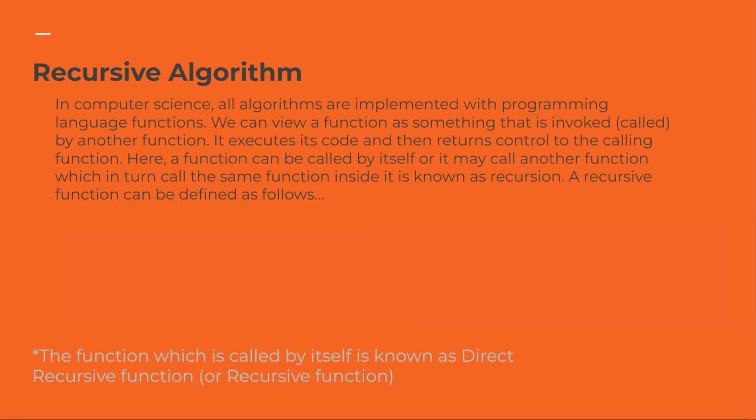A function can be called by itself, or it may call another function, which in turn calls the same function inside. It's known as recursion. And a recursive function can be defined as follows. The function which is called by itself is known as a direct recursive function or recursive function.